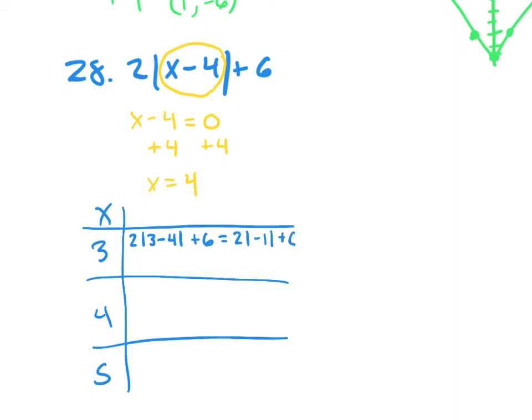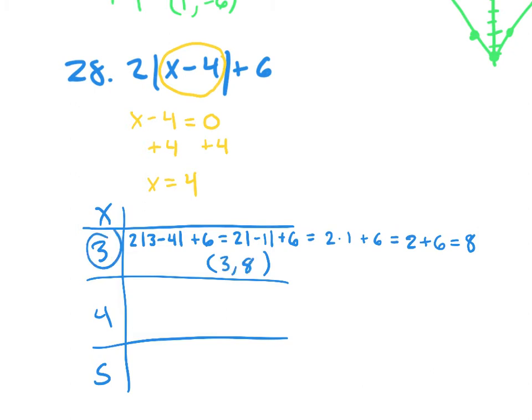Negative 1. What's the absolute value of negative 1? 1. So then we have 2 times 1 plus 6. What's 2 times 1? 2. And 2 plus 6? 8. What's our point that we plug in here? 3, 8.